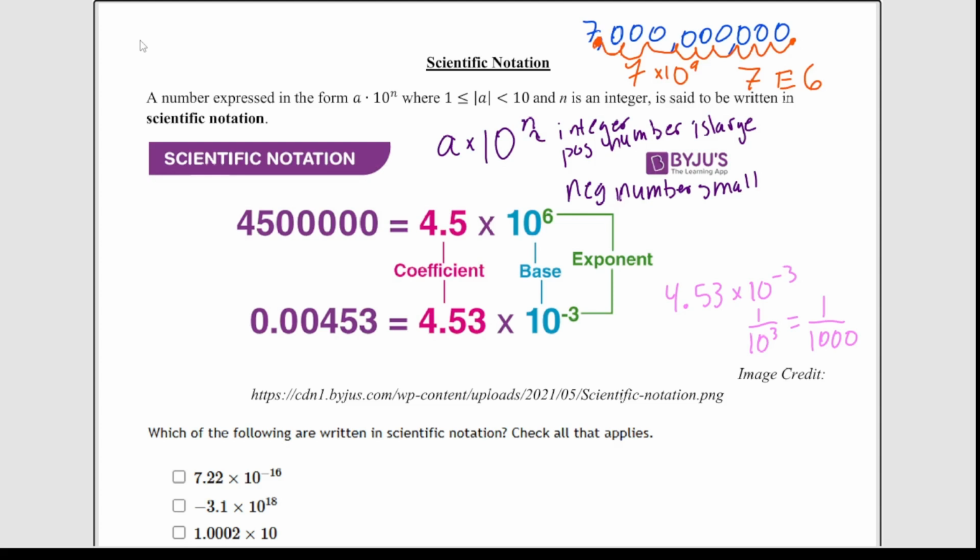So you're basically doing, in this case, 4.53 divided by 1,000. So you're dividing 4.53 into 1,000 pieces, which is how you end up with 453 thousandths being the number that you're actually expressing, because remember, this is the thousandths place that you have right there.